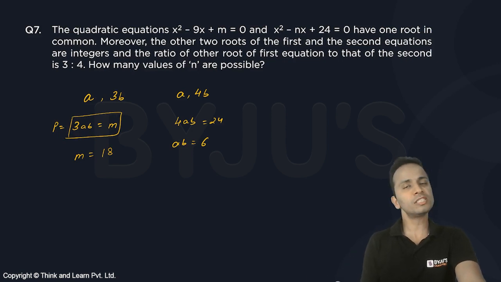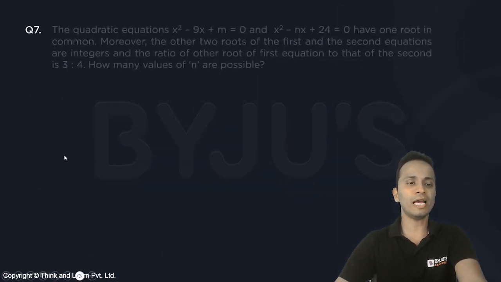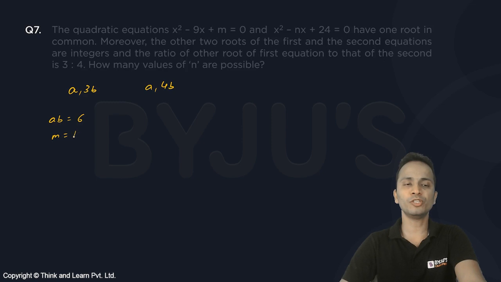Now let's do the similar thing for the sum of the roots. So what I have up till now: a and 3b are the roots of the first equation, a and 4b are the roots of the second equation. The value of ab has come out to be 6, and the value of m is equal to 18.